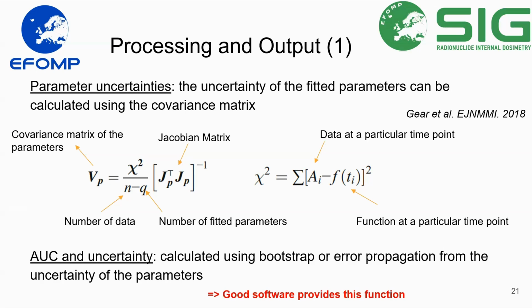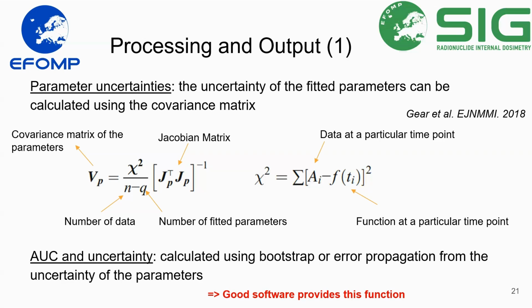Basically, to calculate the parameter uncertainty, we can use this equation of the covariance matrix of the parameter, which is a function of the chi-square. Chi-square can be calculated with this equation, showing the squared difference between the data at a particular time point and the function at that time point. The n here is the number of data points, the q is the number of fitted parameters, and the J here is the Jacobian matrix, or the derivative of our fitting function with respect to the parameters.